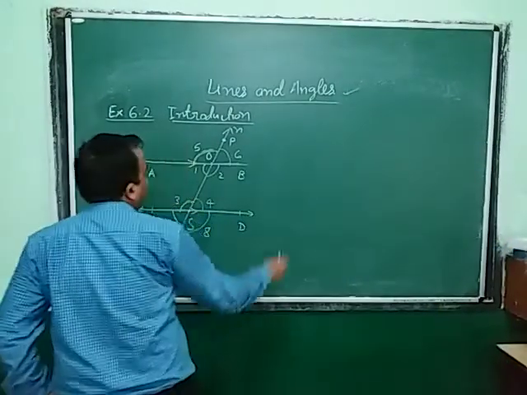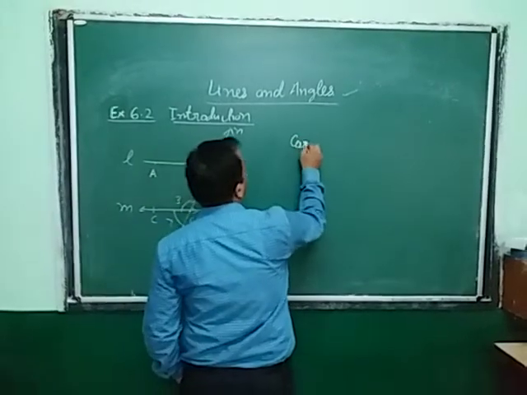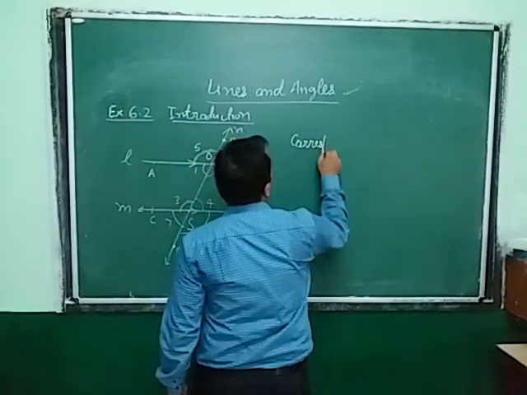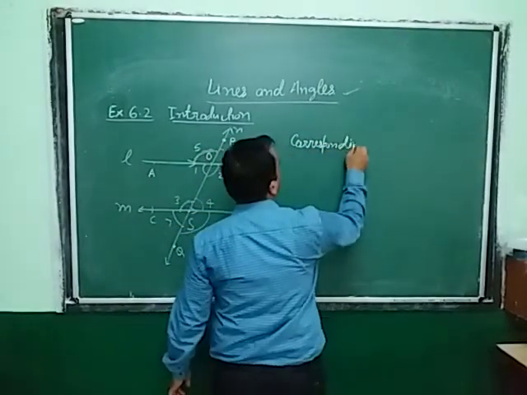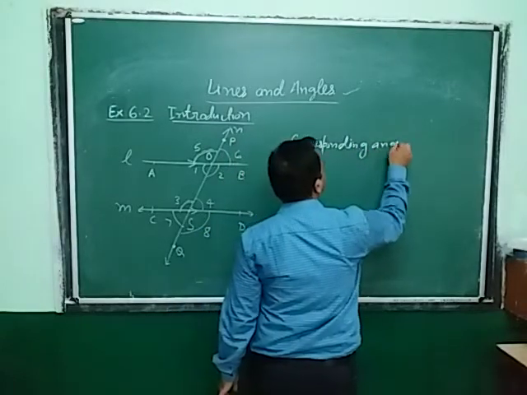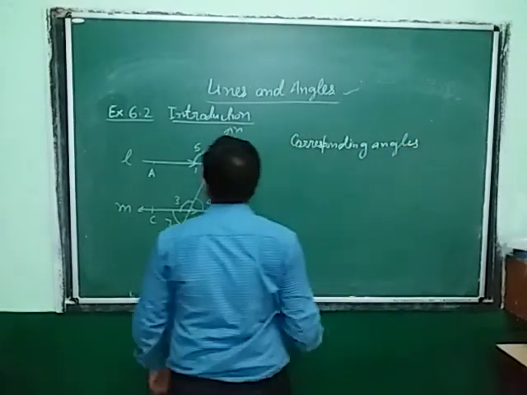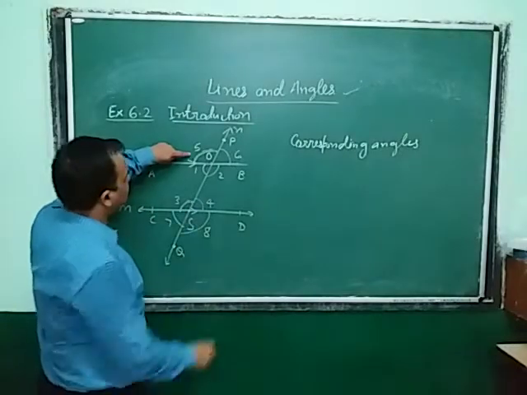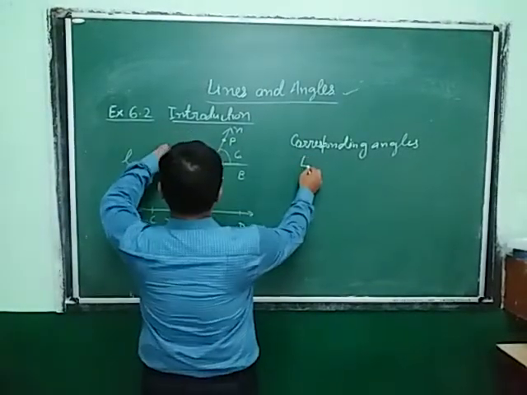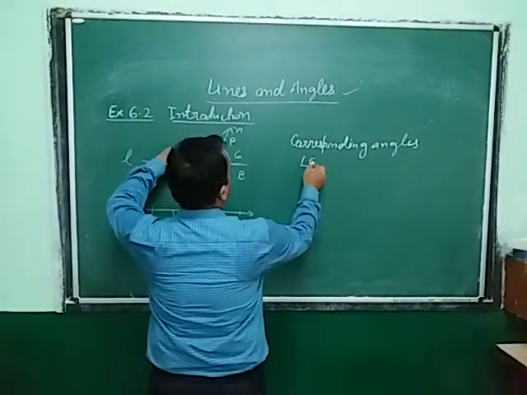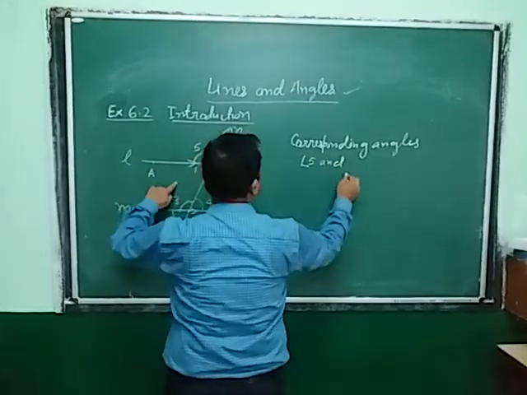Now, let us write this. Corresponding angles. Write the names of the angles. Angle 5 and angle 3.